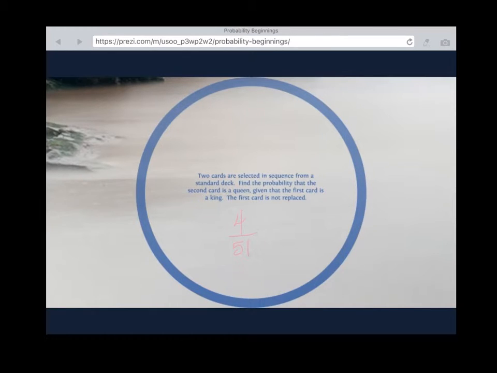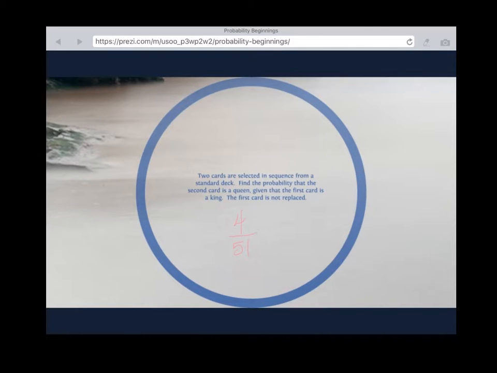So now it says, two events are independent if the occurrence of one event does not affect the probability of the occurrence of another. Two events A and B are independent if the probability of B given A equals the probability of B, or if the probability of A given B equals the probability of A. So this can be kind of confusing, but this is the only way for you to know if there's independence.